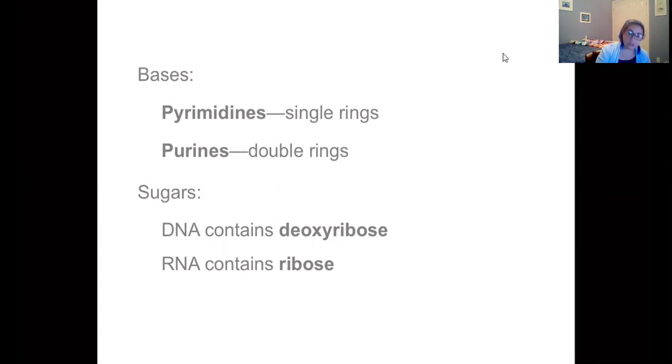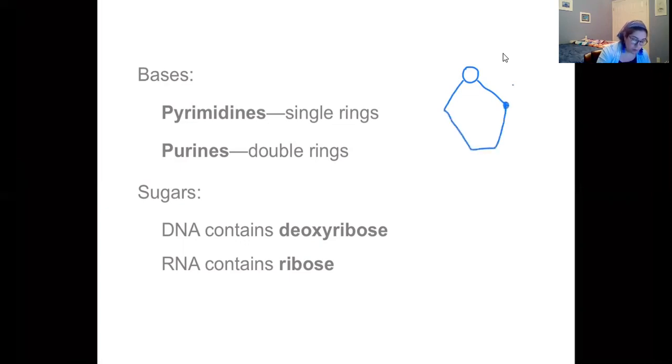So I'll go into detail about the bases a little bit further down, maybe even on the next slide, but I want to talk to you guys about the sugar because it's a great example of how structure affects function, which is one of our big themes throughout all of AP Biology, is the difference in this sugar. So it's a pentose, meaning we have our oxygen and 5 carbons.